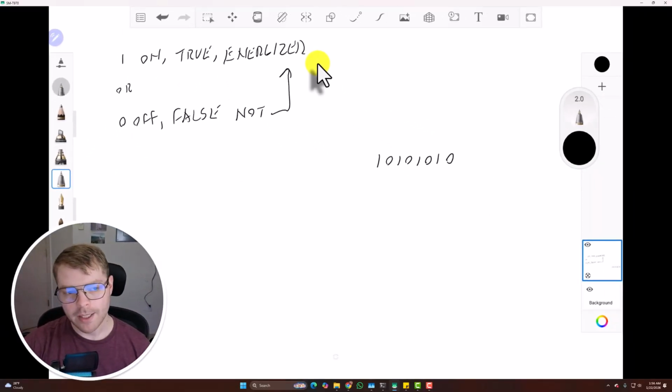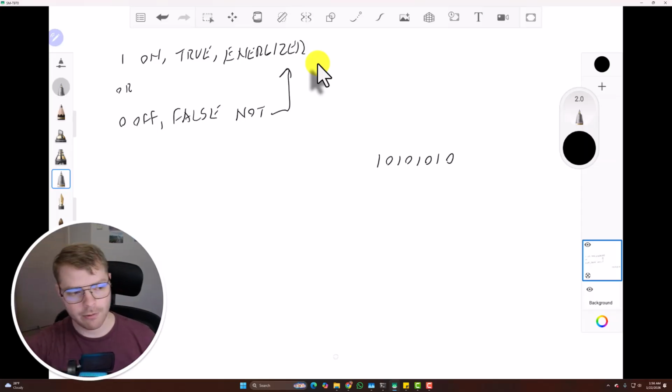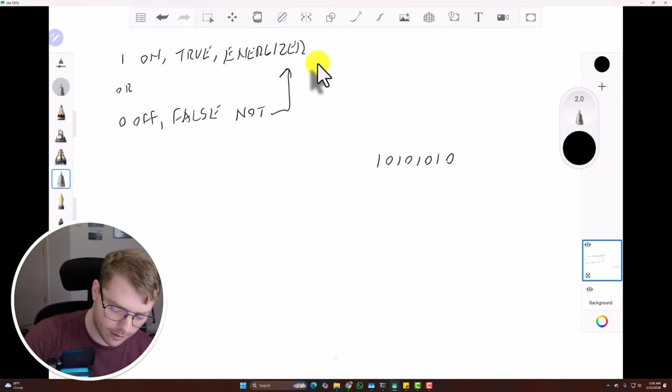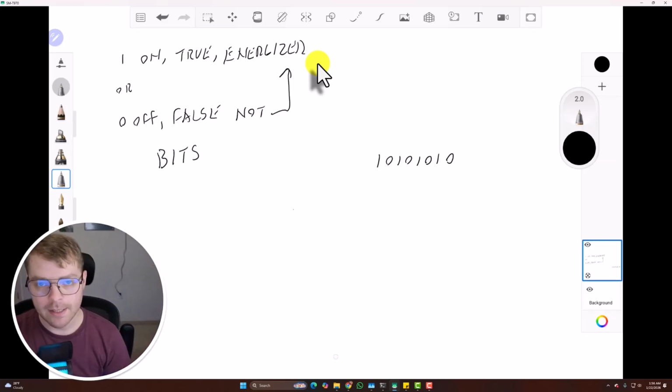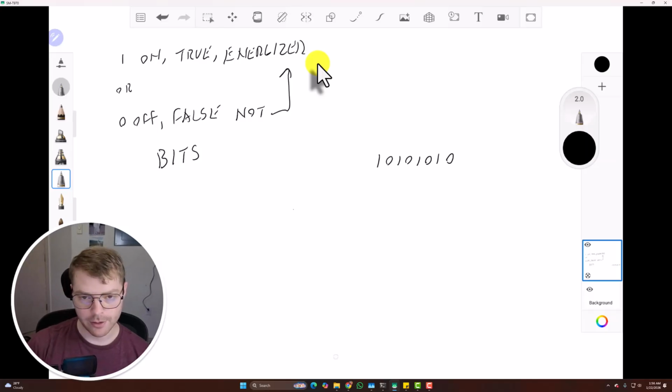So when we're talking about 1 or 0, like we have this gigantic sequence of 0, 1, 1, 0, 0, 0, 1, 1, 0, 1. When we're just talking about 1 and 0 in that whole sequence, those individual things are known as bits. B-I-T-S, bits. So individually they are known as bits.